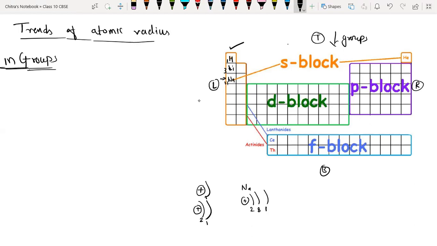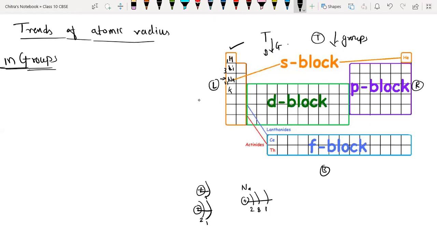So as we can see, as we are moving top to bottom along the group, each time new shells are being added. Here we have 1 shell, here 2 shells, here 3 shells. Likewise, here we have potassium having 4 shells. Is it or not? Yes, sir.